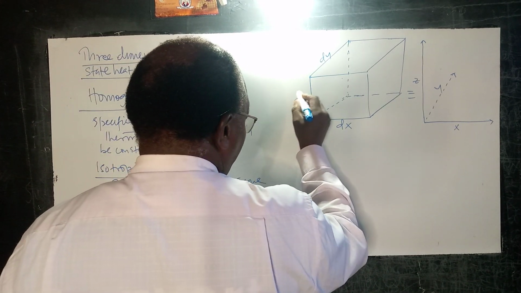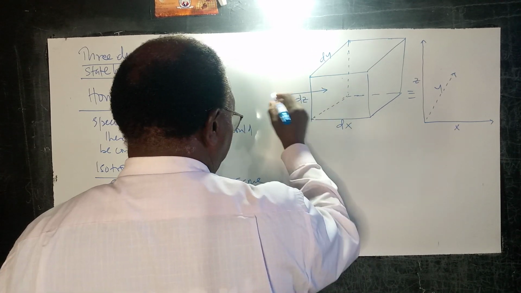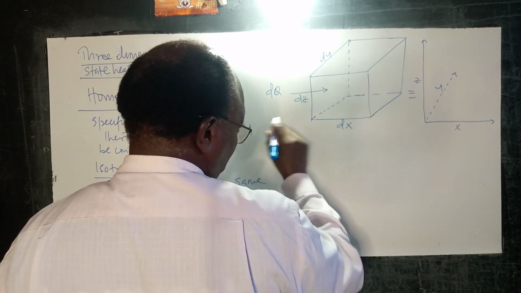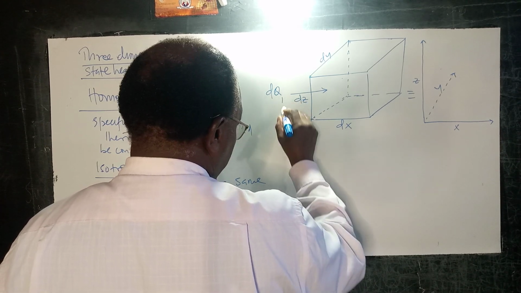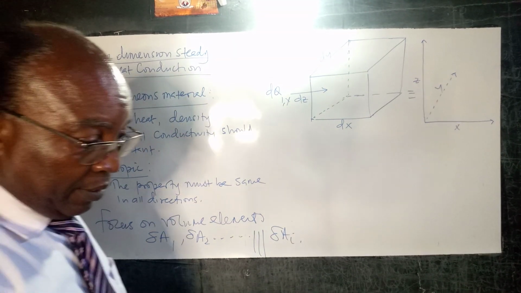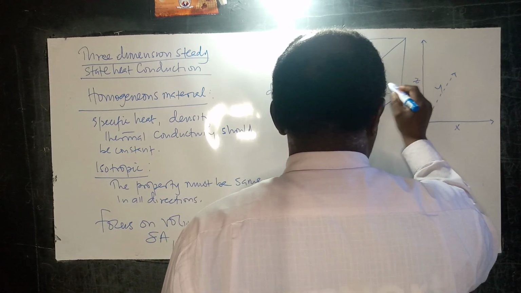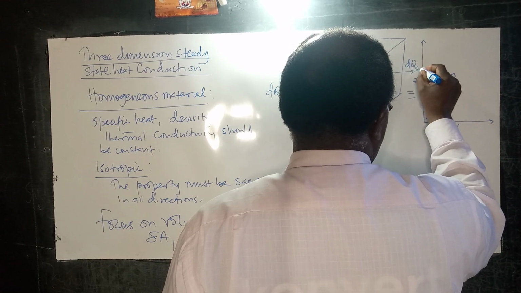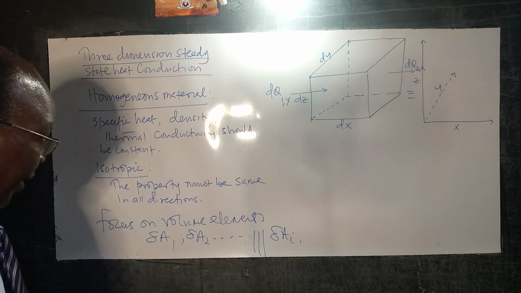Let us say that the heat flows into this particular system. Let's call it dq1x, because it's moving along the x-axis, and then what comes out, let's call that dq2x.